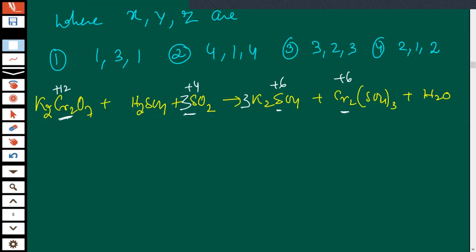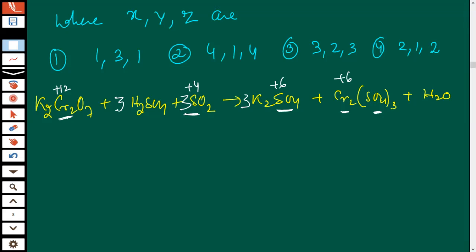This part of sulfate is balanced by these 3 sulfurs. So three sulfates are there, so you can use 3 over here. Sulfates are balanced.